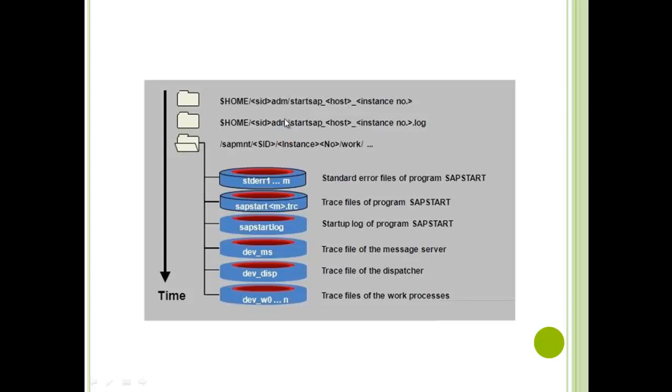Whenever you install an SAP system, it will create a home drive. The $home means you will have shared folders called home. From there you will go to SID ADM, following this path.